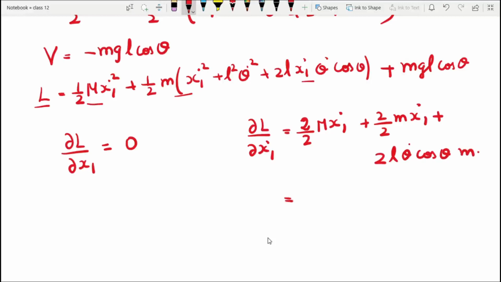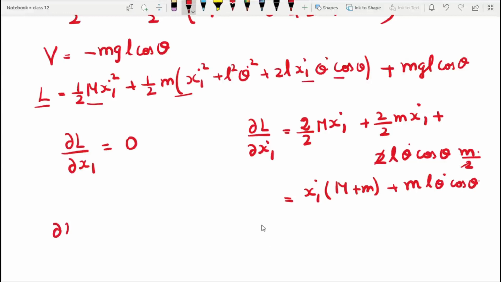So by simplifying it, we can write x1 dot times capital M plus small m, plus m into, here you will be getting 1 by 2 also, so this 2 will get cancelled, m L theta dot cos theta.